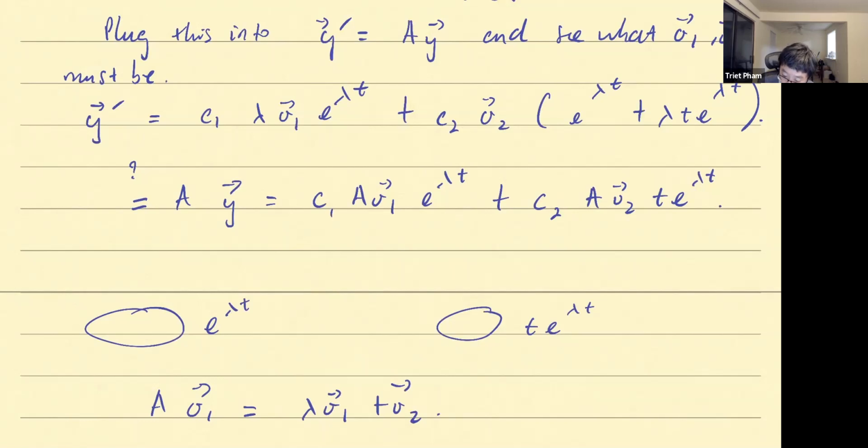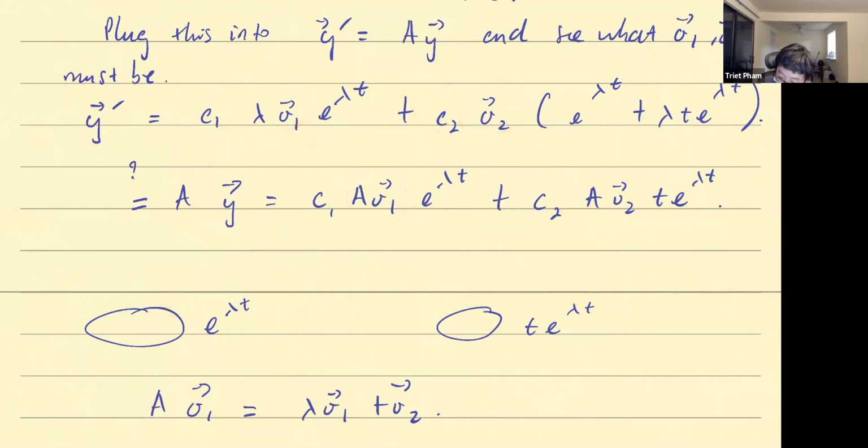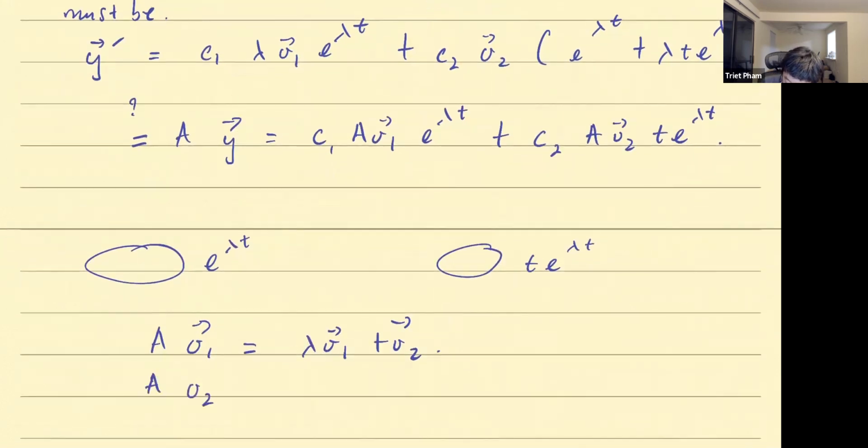Again, v2, lambda v1, A v1 are the terms associated with e to lambda t. What about t e to lambda t? You got A v2 here, you got lambda v2. So actually, that is the familiar stuff.